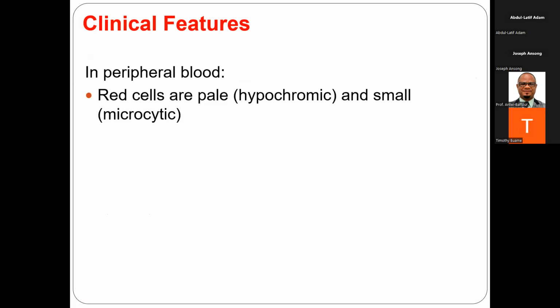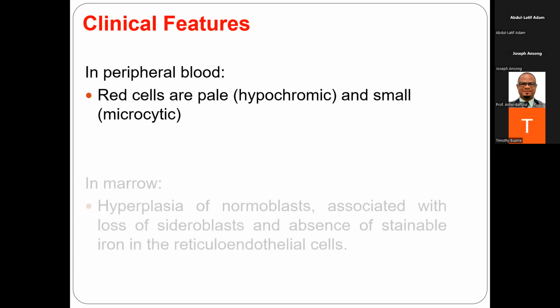In peripheral blood, you see red cells that are pale, with not so much hemoglobin in them. The central pallor is larger than normal, and the cells are small as well. So iron deficiency is characterized by hypochromic microcytic cells.